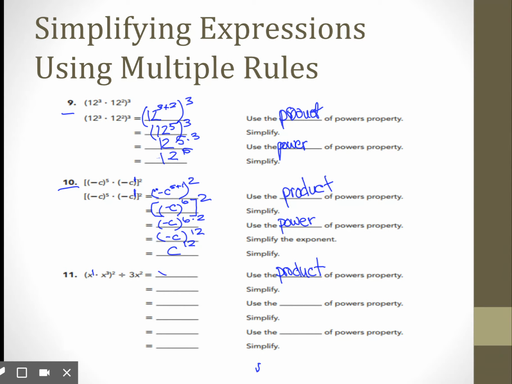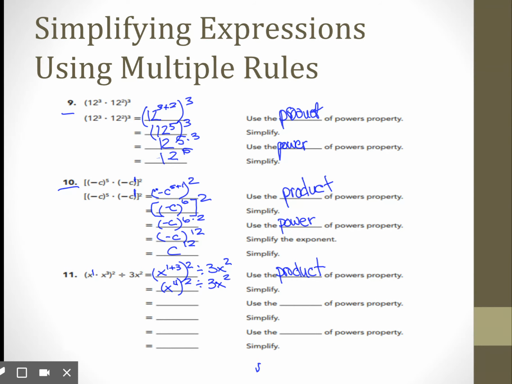I'm going to keep my base of x and add my 1 plus 3. Keep that 2 on the outside, and I'm not touching that 3x squared yet. So that all simplifies down to x to the 4th power squared divided by 3x squared.